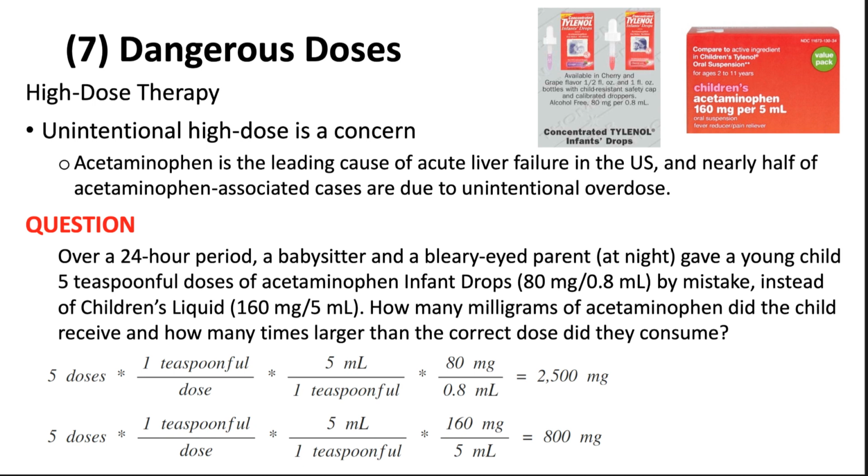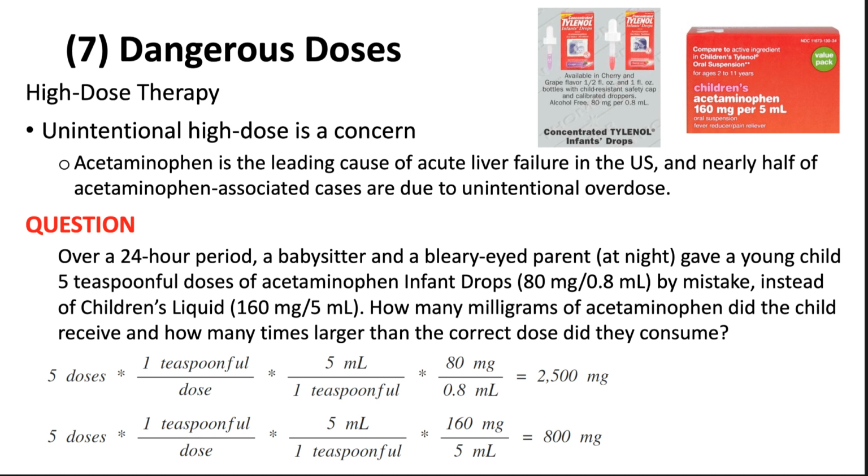Again, they gave 5 doses, and each dose had 5 milliliters per teaspoonful, so 5 times 5 is 25. Now we multiply that volume by the concentration they should have received, 160 milligrams divided by 5 mL. The mLs will cancel, and our final units, again, are milligrams, and what they should have received in that time is 800 milligrams.